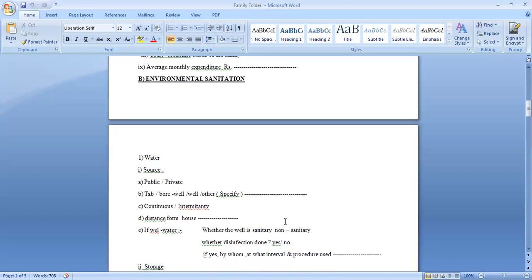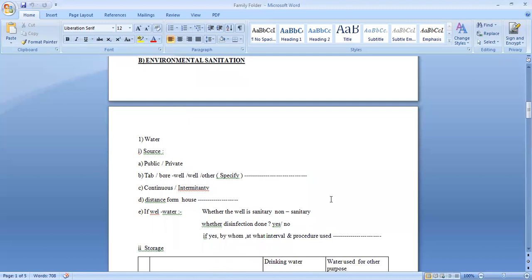Then whether it is continuous or intermittent. That means sometimes the water supply is all the 24 hours. Sometimes it is an interrupted water supply. It comes only at a fixed time during the day. That type of supply is called intermittent, and that you have to mention here.